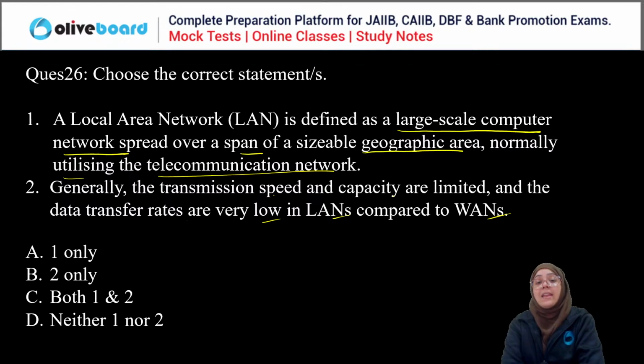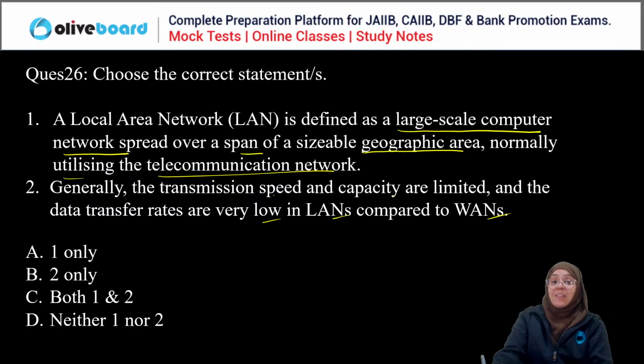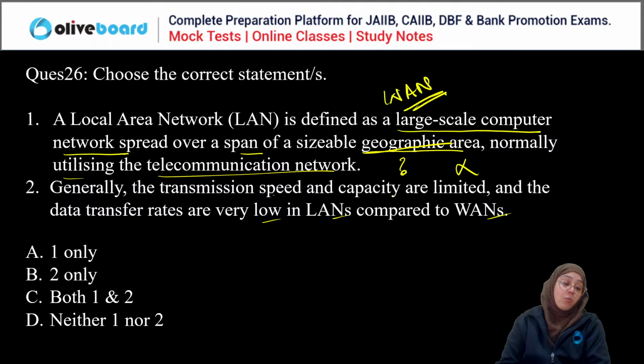So, local area network is defined as a large scale computer network spread over a sizable geographical area. That is not local area network, that is wide area network. The definition is of wide area network. What are you doing, guys? So this is false.